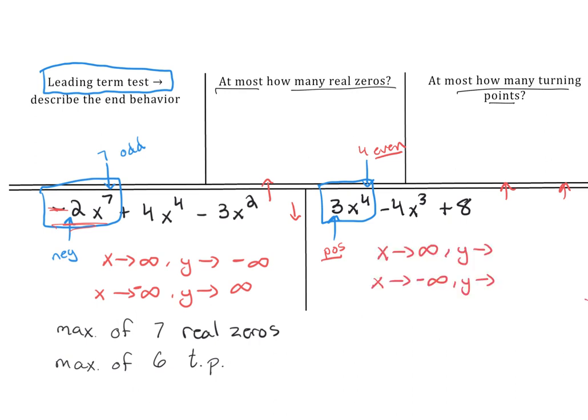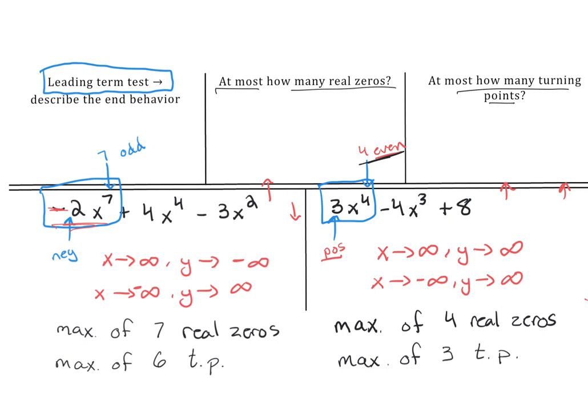So as x approaches infinity, y approaches infinity. As x approaches negative infinity, y also approaches infinity. And then because the exponent is 4, there's a maximum of 4 real zeros. And then 1 less than 4, 3, there's a maximum of 3 turning points on my graph.